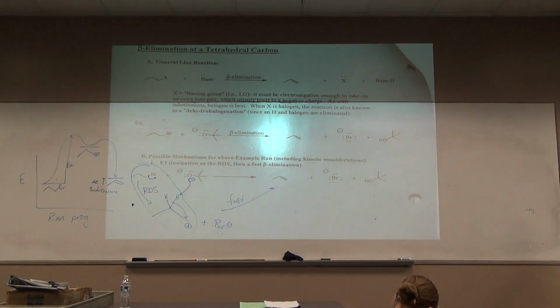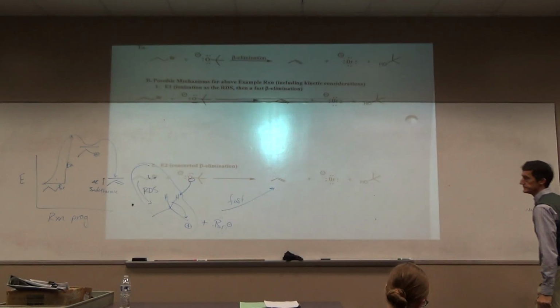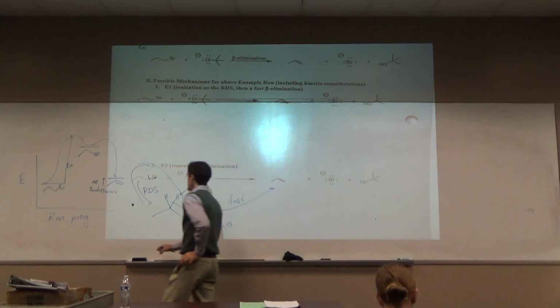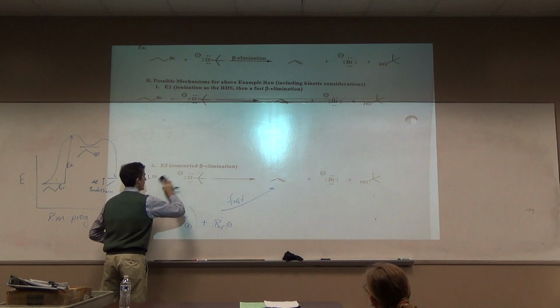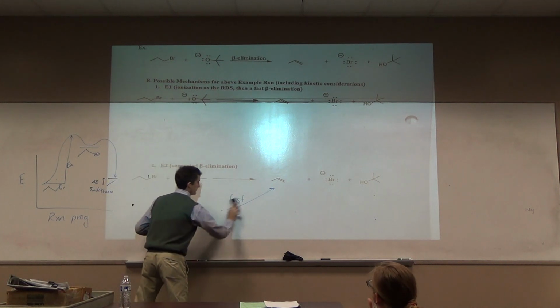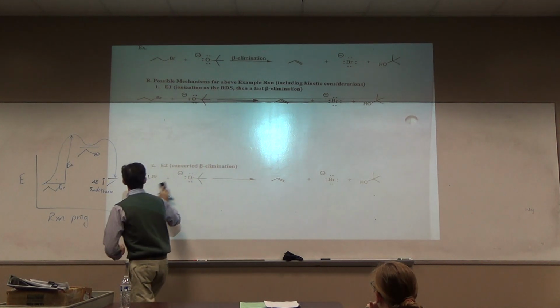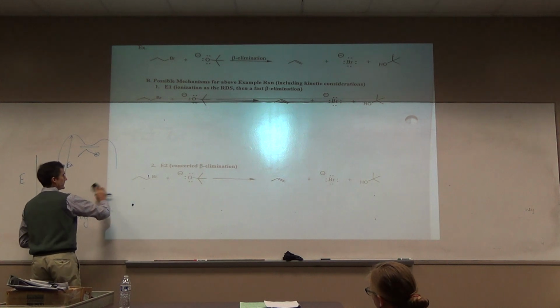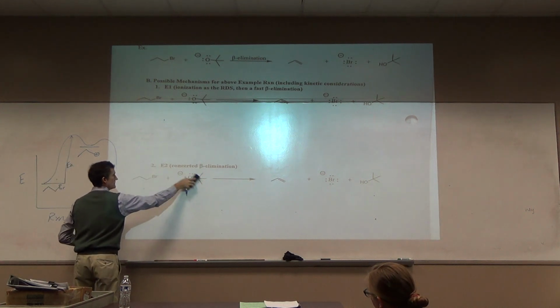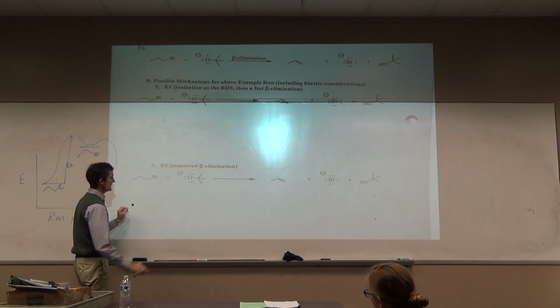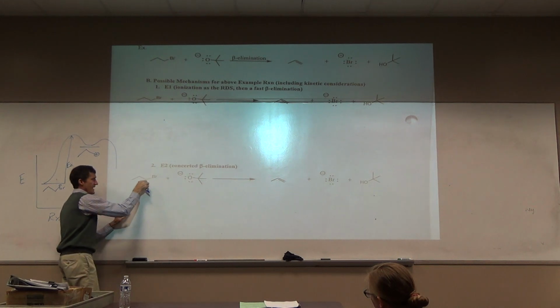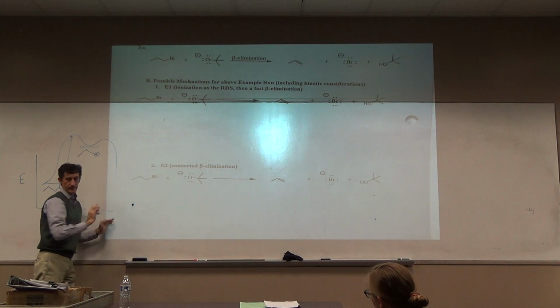Okay, let's look at another mechanism for this. E2. Now it's going to be concerted. Another way to get to this is, okay, Br is not going to leave. That's the answer.